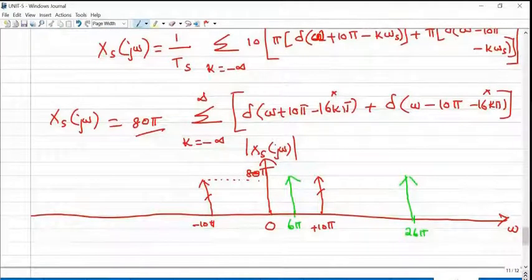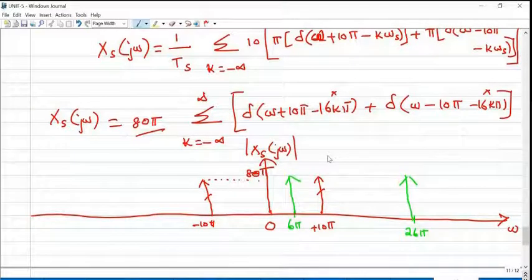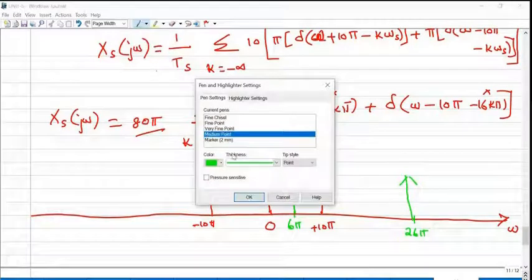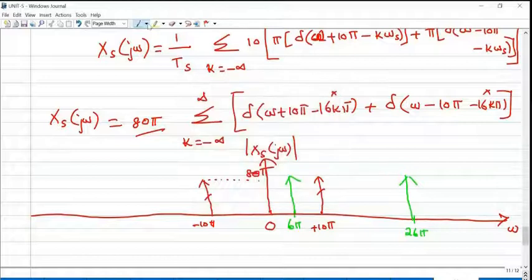k0, k1 fine. Now substitute k equal to minus 1. What will you get?